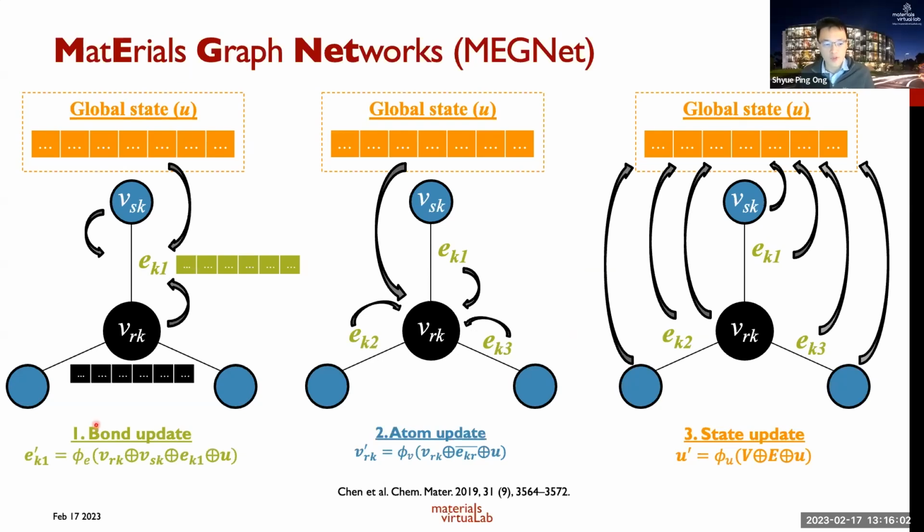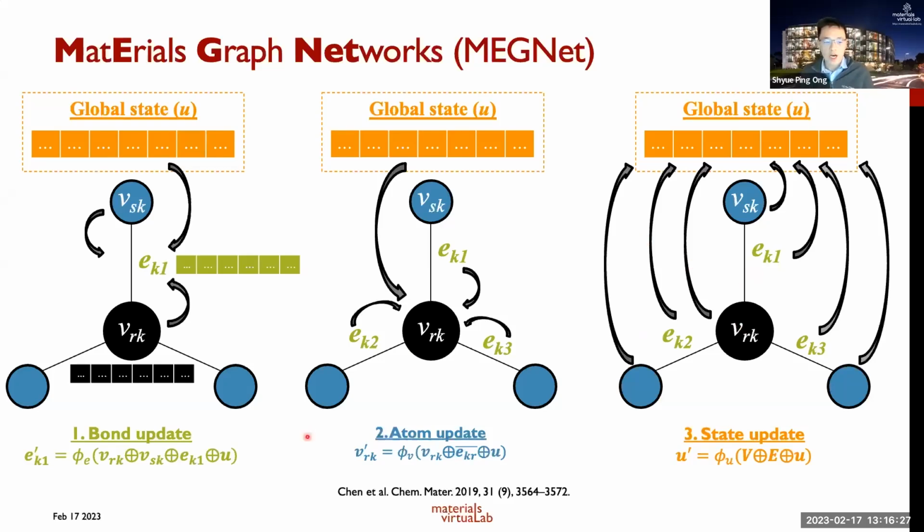In the first step, you update every single bond with information from the atoms forming the bond as well as the global state. In the next step, you update every single atom with all the bonds connected to the atom and the global state. And finally, in the third step, you update the global state with all the information from all the atoms and the bonds.